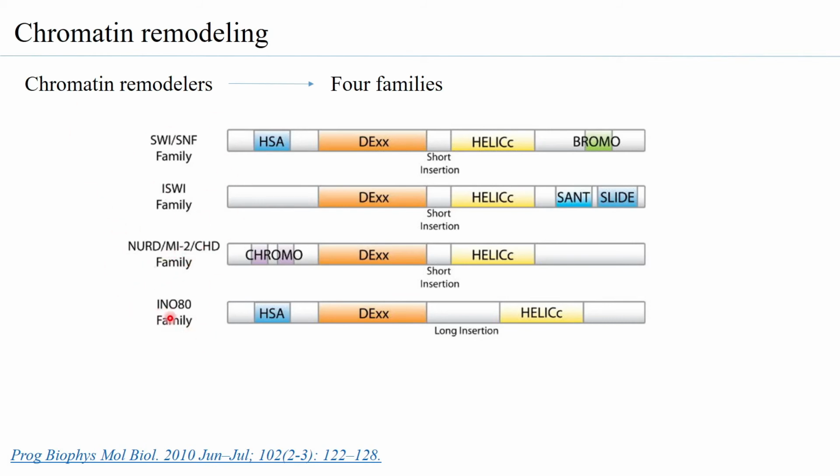These names come because these ATPases have been identified or discovered by studying a certain pathway or a certain mutation. So based on the pathway or the mutation that was being studied, the names were given.